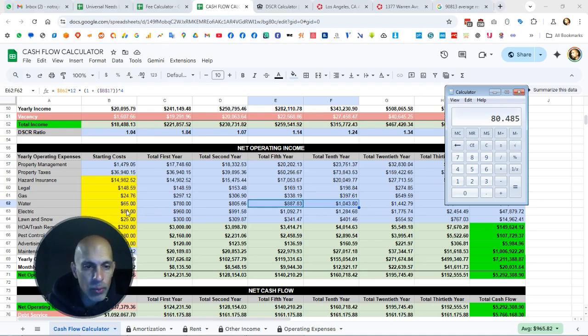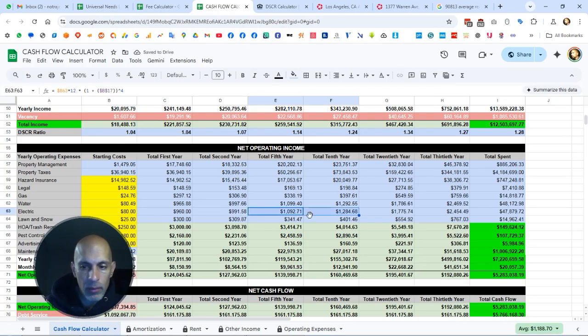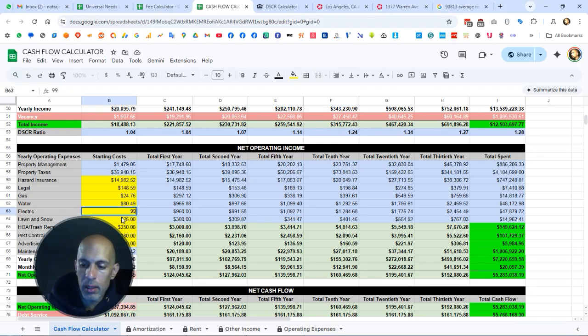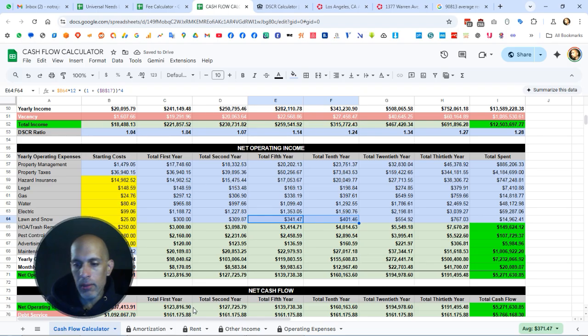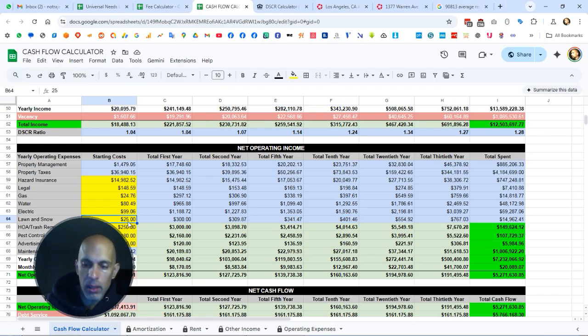That's 80.49. 1188.70 divided by 12, 99.06. 371.47 divided by 12 is 30.96.